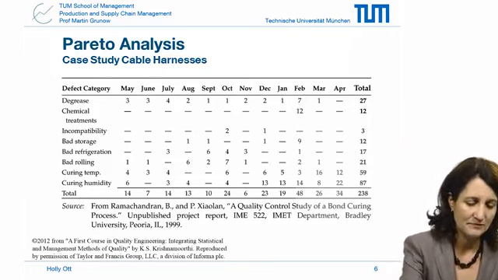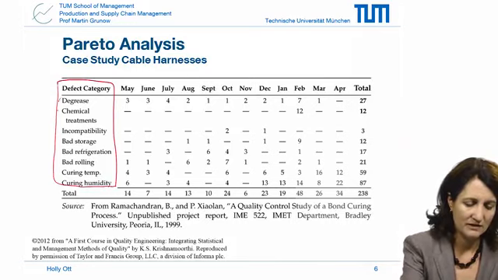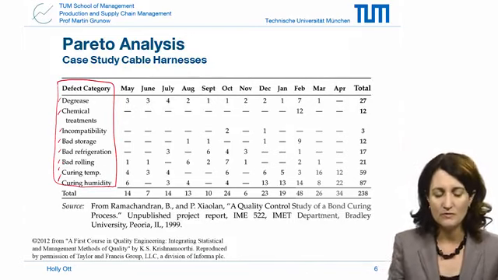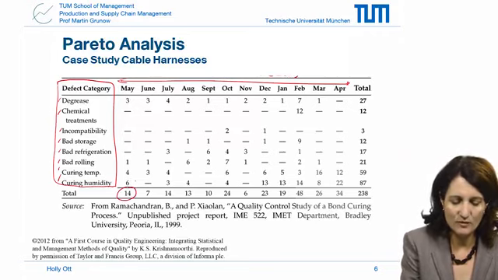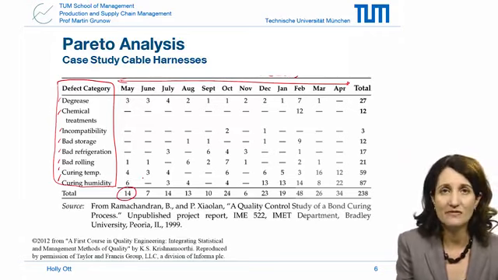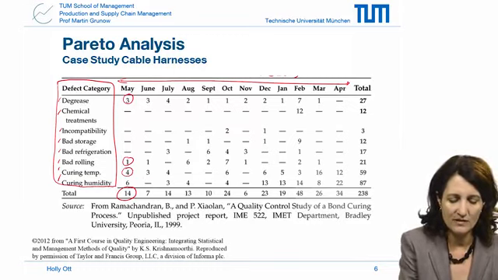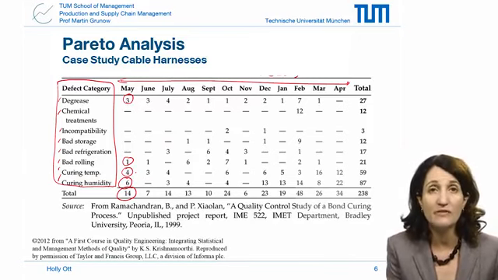And they collected data on 8 different defect categories, which was available over a 12-month period. As you can see here, in May, there were 14 defective bonds, 14 problems at the end of the process. 3 were due to degreasing, 1 was due to bad rolling, 4 to curing temperature, and 6 to curing humidity. So again, this data had to be available.